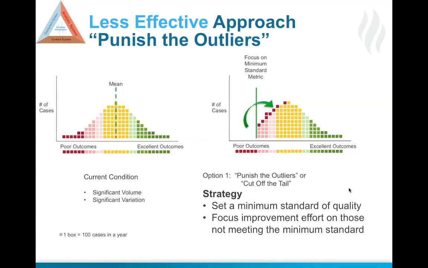That is to set a minimum standard and then identify the physicians who are below that minimum standard for the population of patients they're serving and try to shame them into doing better. Well, if you apply pressure, they will get better and you won't have anybody below the minimum standard. The challenge is you haven't really impacted the care delivery for all of the rest of the providers that were already above that minimum standard.